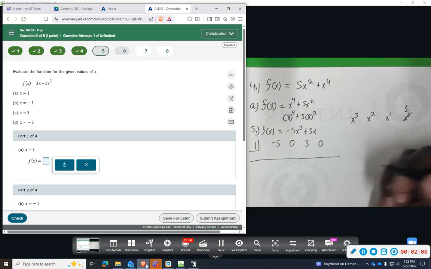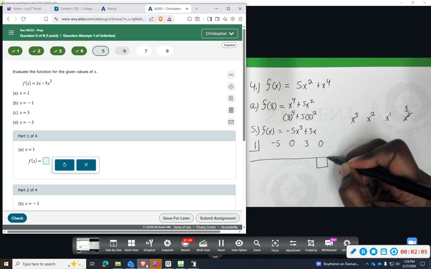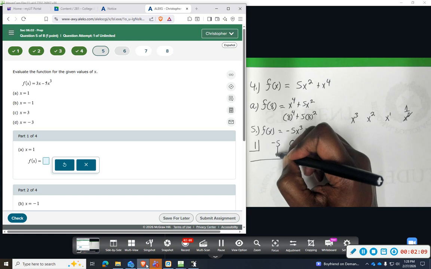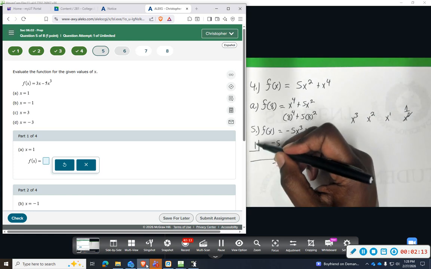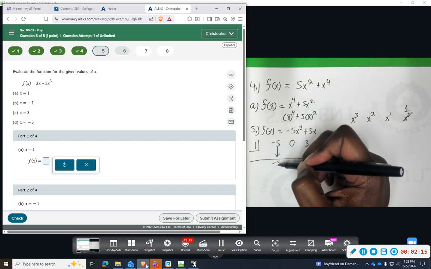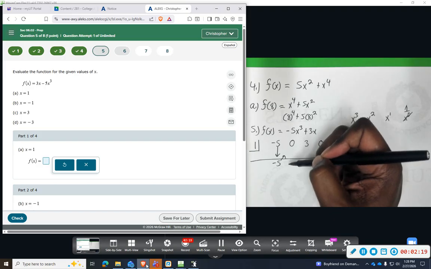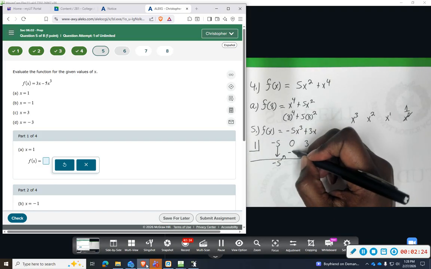Once you do this setup, it's basic. You're going to be multiplying and adding or subtracting until we get to the last number. This is going to be our solution. So bring the first number straight down. And then this box number is going to multiply below the line. You write the result here, and then you add or subtract, and you'll repeat. So 1 times negative 5, negative 5.